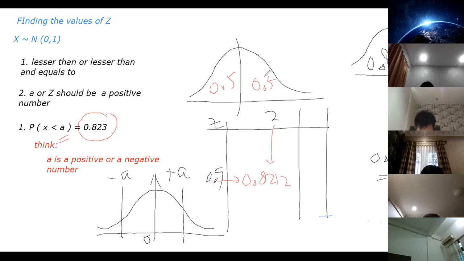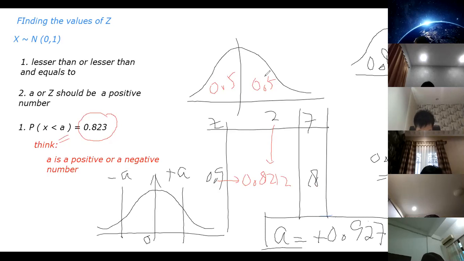If we move to the right, we can find 18 there, and the top number is written as 7. So the answer is, the a value is positive 0.927. Because we have decided that a has to be positive, the answer is positive 0.927.